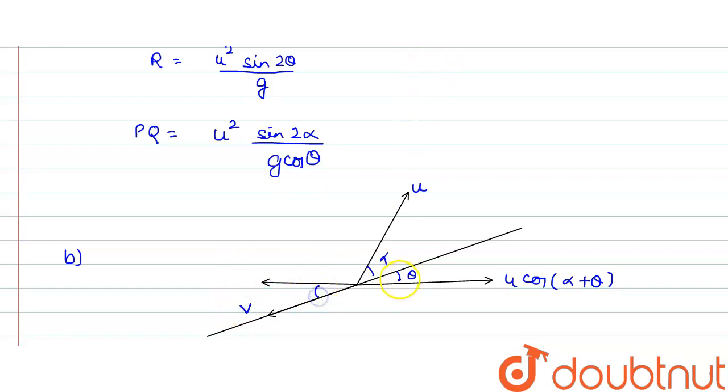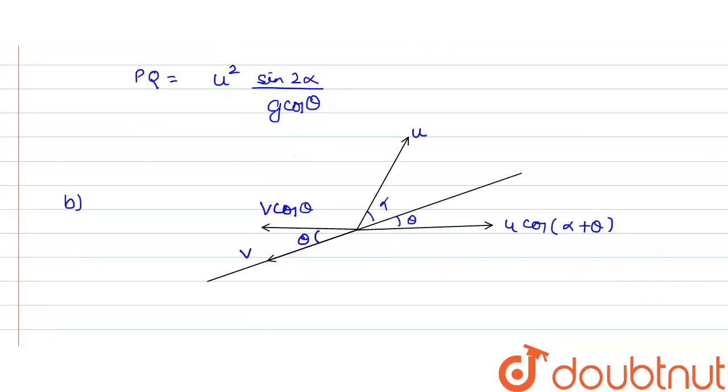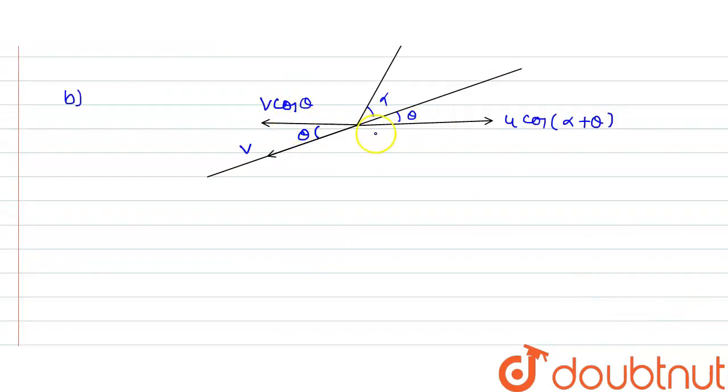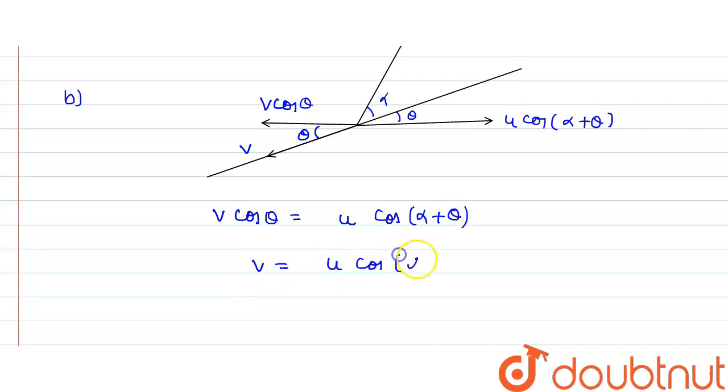Checking this angle, it is vertically opposite, so this component would be v cos of theta. To have no horizontal displacement, the net horizontal velocity should be 0. That means v cos of theta should be equal to u cos of alpha plus theta. So v should be equal to u cos of alpha plus theta divided by cos of theta. This would be the answer.